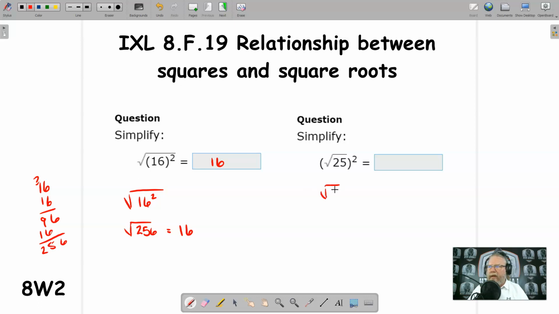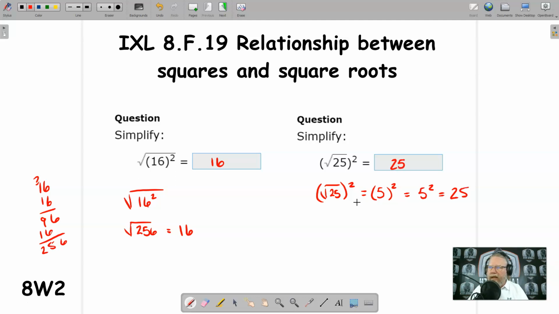So we have the square root of 25, and we have it squared. This means that we need to take the square root of 25 first. Well, the square root of 25 is 5. Now, what was in parentheses, we're going to square. So that would be 5 squared, and 5 squared equals 25. So our answer here is 25.